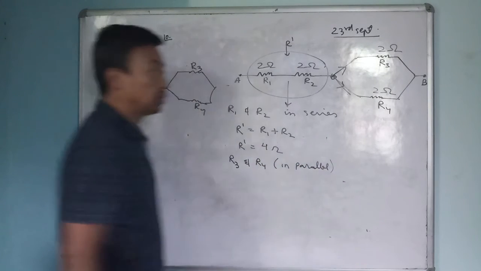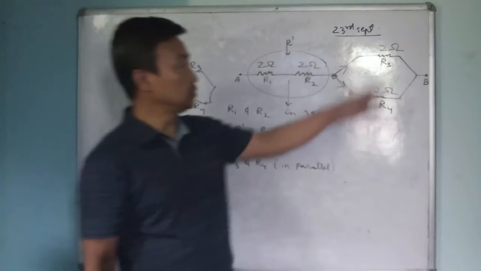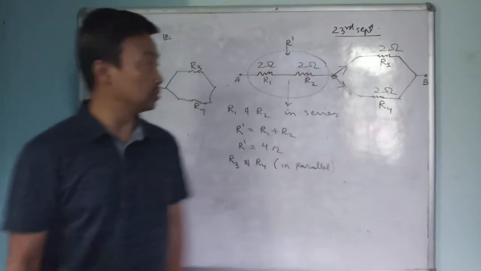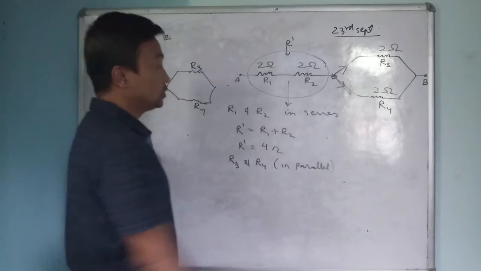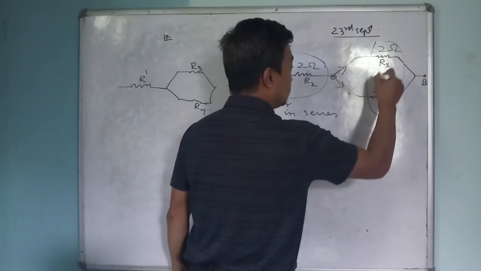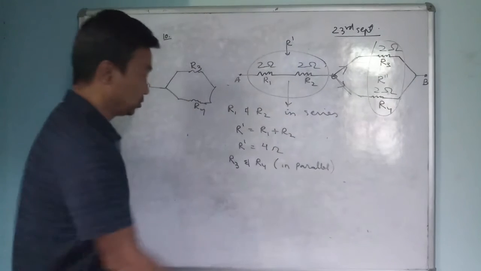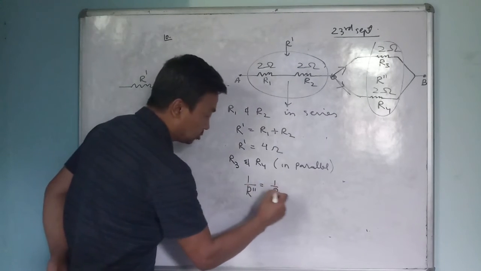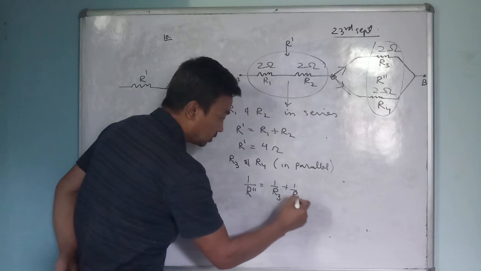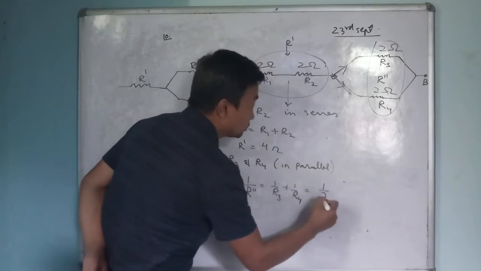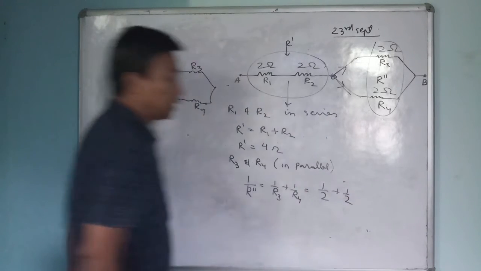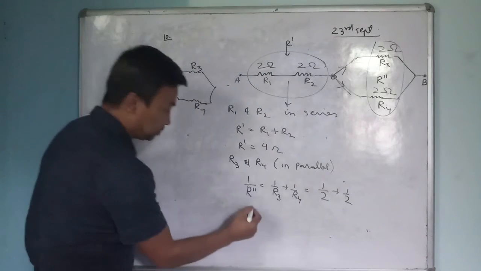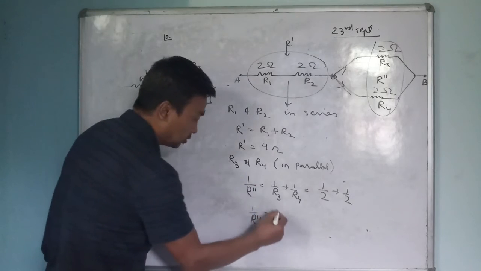So you have to know the formula in the parallel. What happens? We add the reciprocals to get one equivalent resistance. Let us call this R double dash. So in the parallel, it is the sum of the reciprocals. So 1 by 2, half plus half, is 1 ohm.